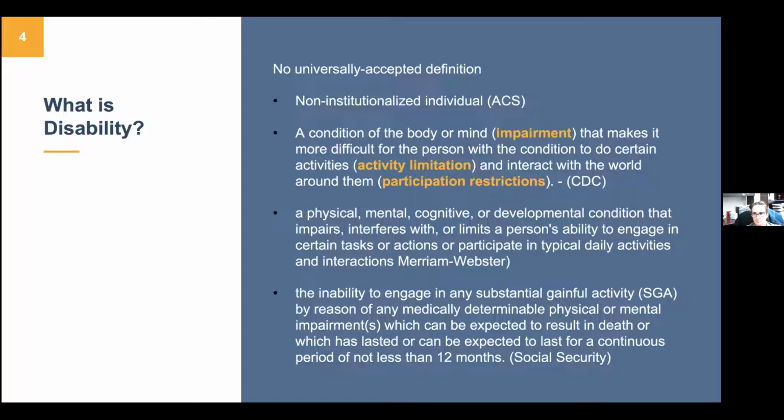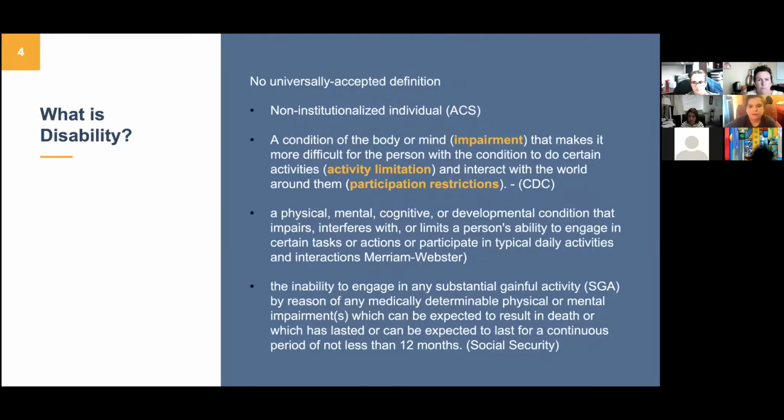The third one is simply from the dictionary, Merriam-Webster, and you'll see impairments being a consistent focus, something that creates a disruption or limits someone to reaching a goal in some shape or form. And then the last one is from Social Security, which is very specific and relates to a time frame of not less than 12 months. It speaks to whether it's continuous or very specific in time, and it's medically determined.